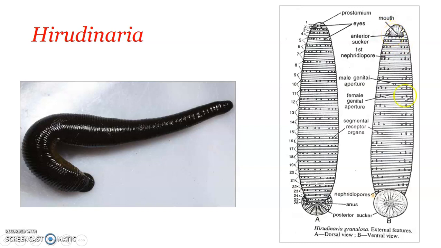The posterior end bears a circular, highly muscular posterior sucker or anal sucker, directed downwards, formed by the fusion of the last 7 body segments. Both suckers are meant for adhesion as well as locomotion. The anterior sucker also helps in feeding. So these are the important features of Hirudinaria.